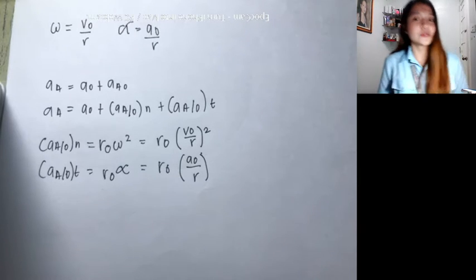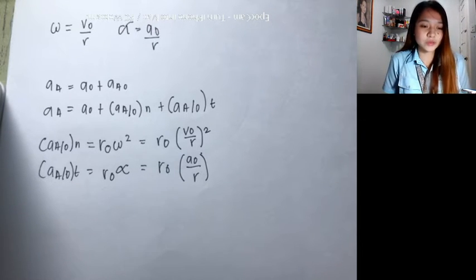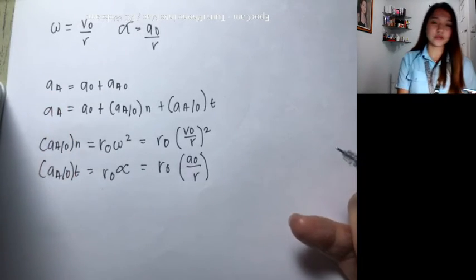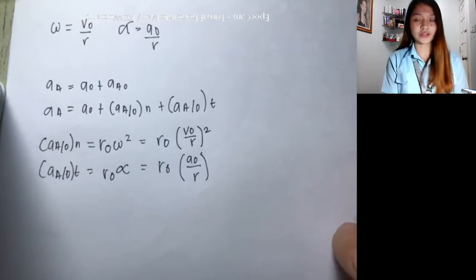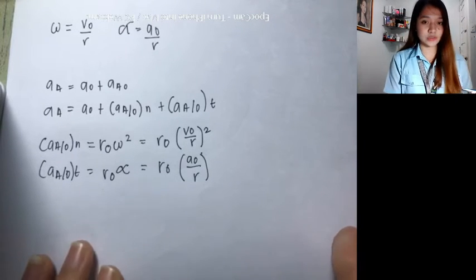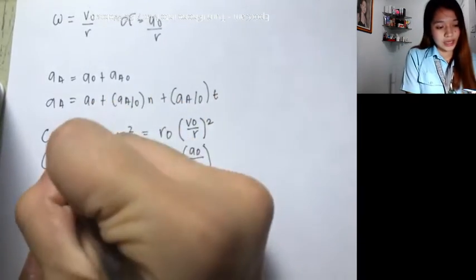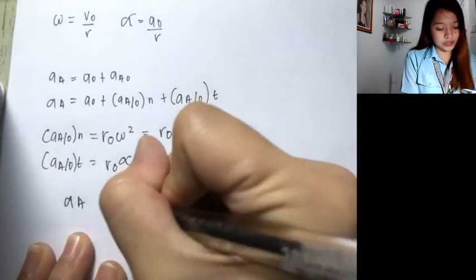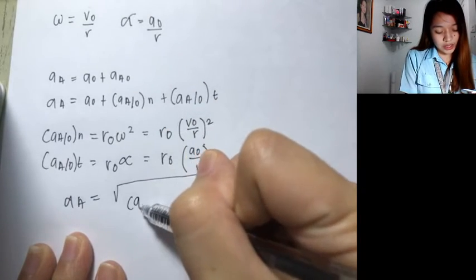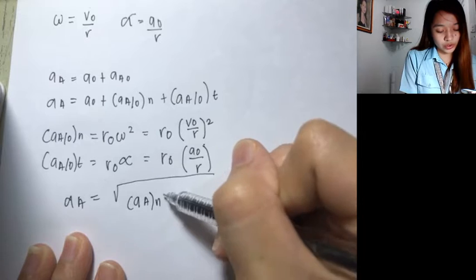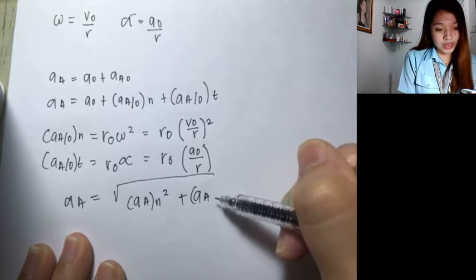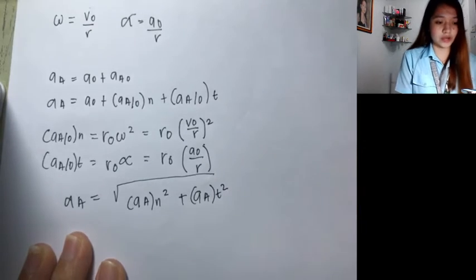Using the head to tail method, this will lead us to a sub A. Later on, I will show you the head to tail method graphically. The algebraic form can be expressed as a sub A equals the square root of a sub A normal squared plus a sub A tangential squared.